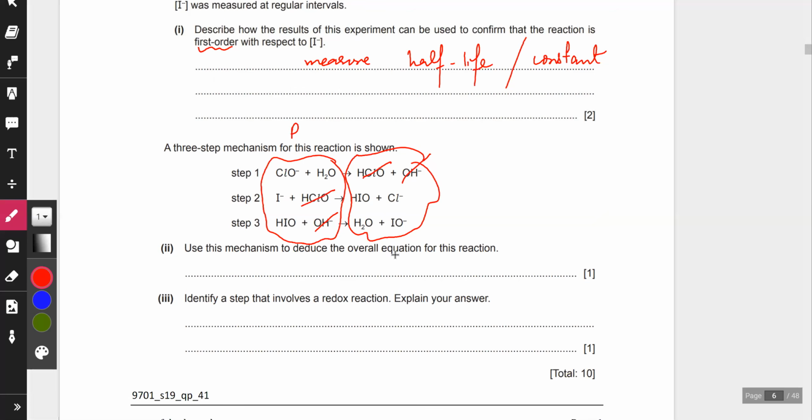HIO is on both sides. That's gone. Water is going to get cancelled out, that's on both sides. So your final reaction is ClO minus 1 plus I minus 1 on the left side, and the product side is Cl minus 1 and IO minus 1.